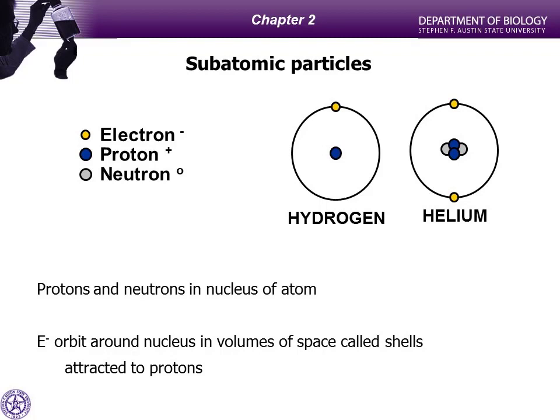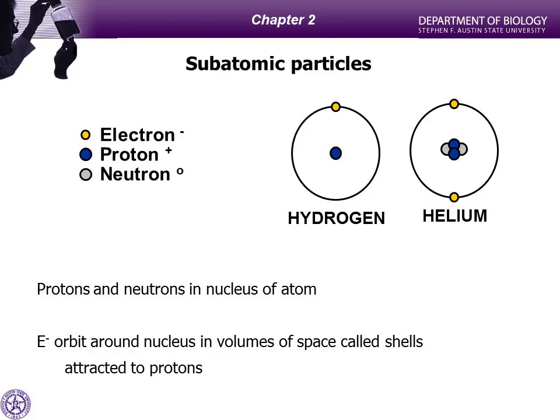The middle is called the nucleus, which is kind of good because the middle of a cell that has our DNA, what do we call that? That's also called a nucleus. So it's kind of in the same location. So our protons and neutrons are in the nucleus.